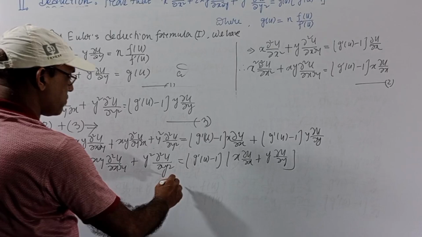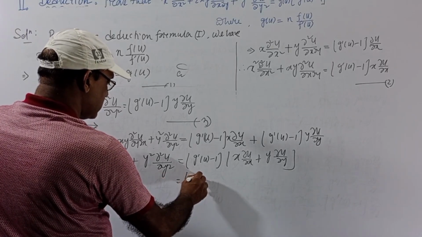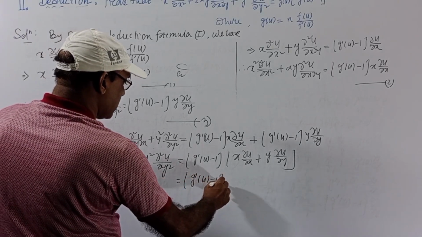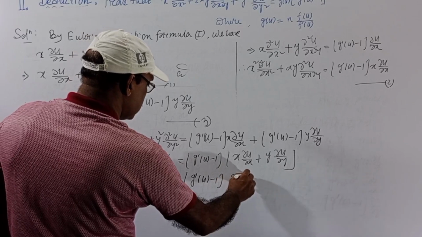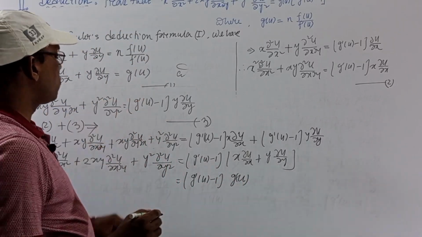So we get this will be g dash u minus 1, this is g u using 1.